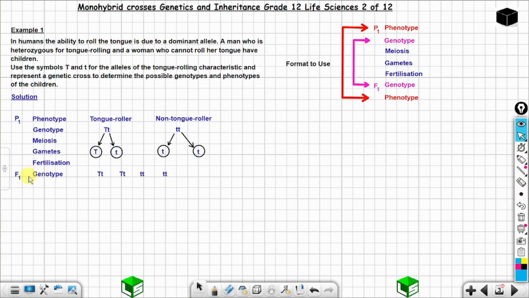Now you have the genotype of the offspring. Okay, you can give the genotype like this, or you can give them like this. They are the same. And these two, they are the same. Okay, or you can give as percentage. Okay, you have two of these. Okay, 2 over the total number, 2 over 4 times 100. You are going to have 50% of these.